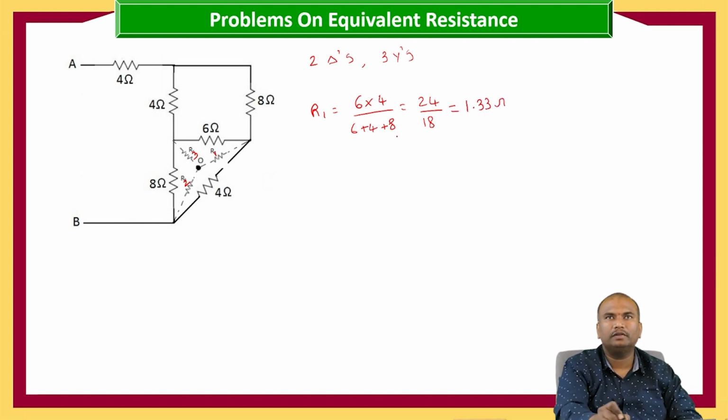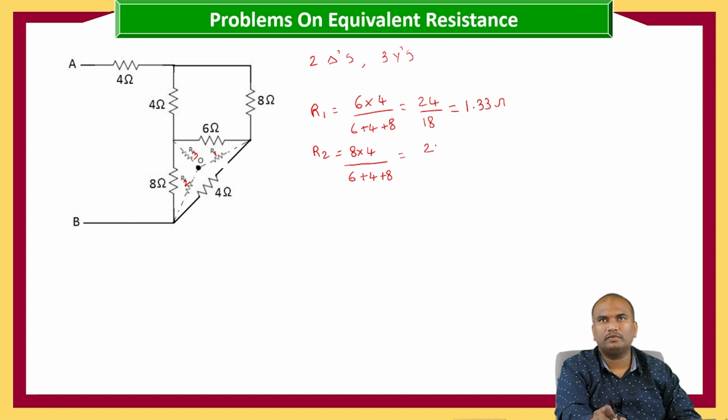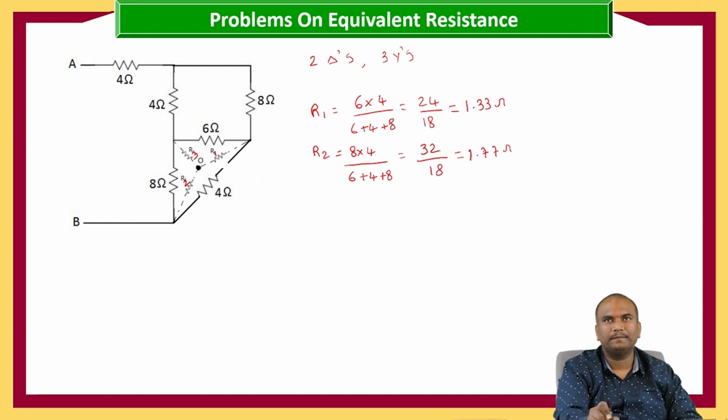1.33 ohms. And R2 is equals to 8 into 4 by 6 plus 4 plus 8, which is equals to, sorry, 8 fours are 32 by 18, 1.77 ohms.